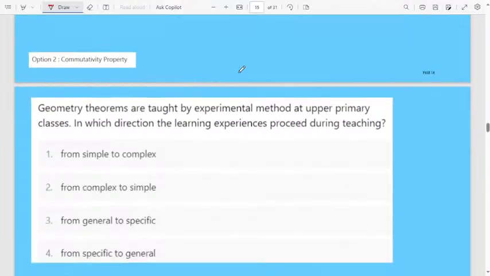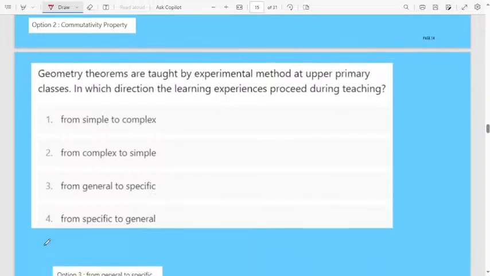Geometry. Theorems are taught by experimental method at upper primary classes. In which direction does the learning experience proceed during teaching? From simple to complex, first option. From complex to simple. Third one, from general to specific.